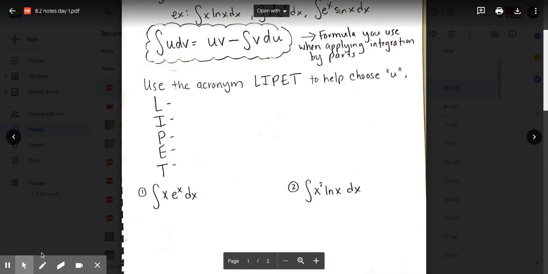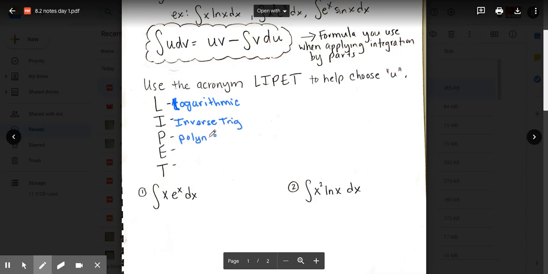So the L stands for logarithmic. The I stands for inverse trig. The P stands for a polynomial.